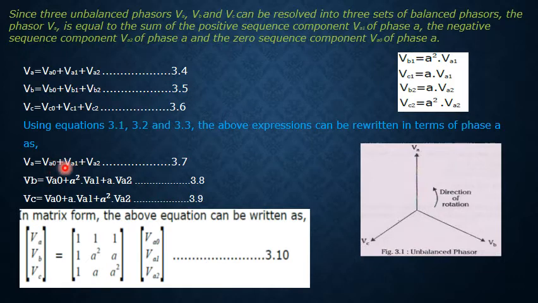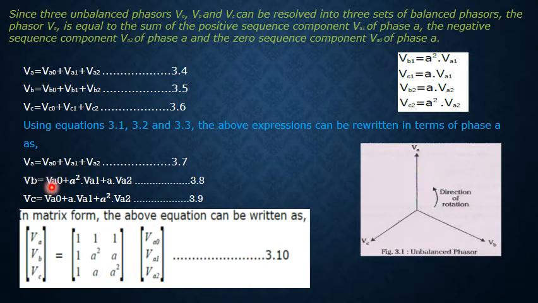So if we simplify it, here the magnitude of va0 is how much? 1, and the magnitude of va1 is 1, and the magnitude of va2 once again is 1. So 1 1 1 I'm going to write over here. Then move to the next equation.